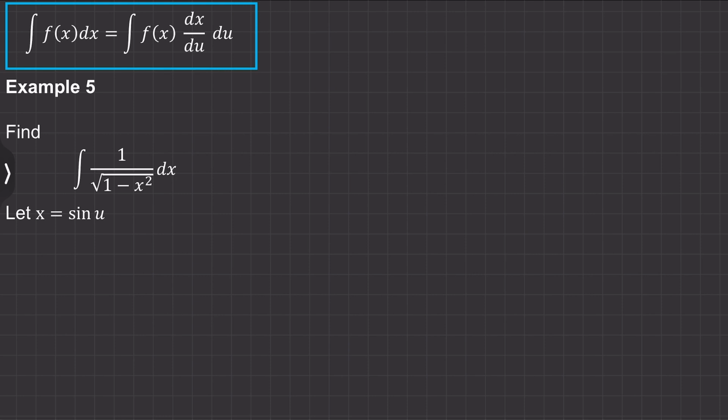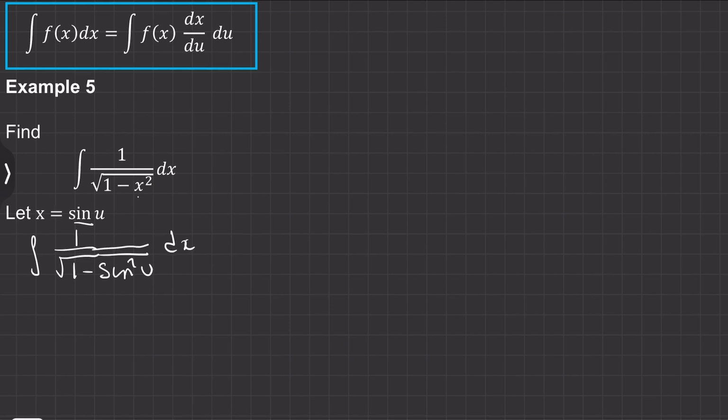Okay, so in our final example, this looks a little bit strange in that we've been told that x is a trigonometric function and we've been given an algebraic integral. But we'll see what happens when we substitute this back into here. So we have the integral of 1 over the square root of 1 minus x, which is sine u, so sine squared u, integrated with respect to x.